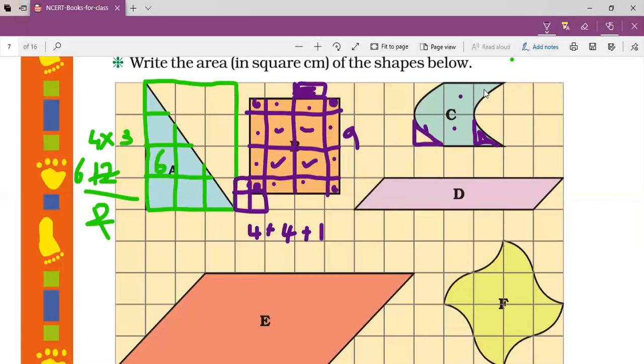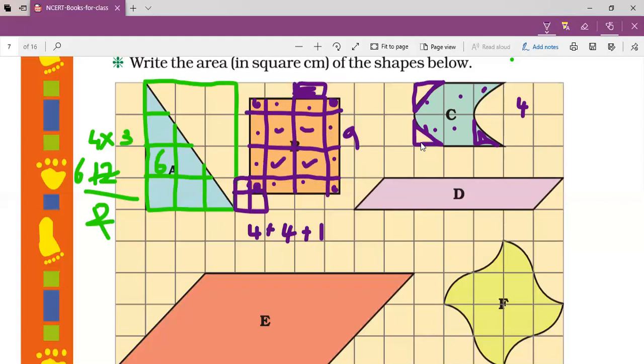And similarly, if I put this part over here, I will get one more completed area. So how many squares have I completed? How much area did this shape cover? 4 square centimeters, because I got 4 completed squares.